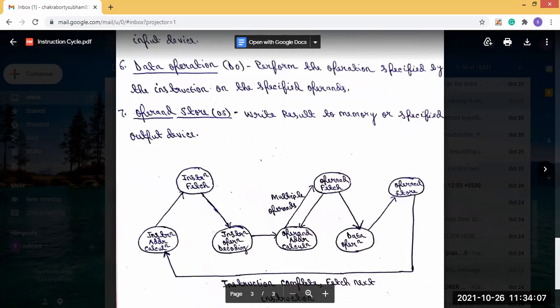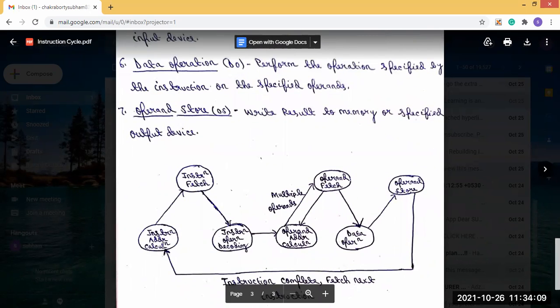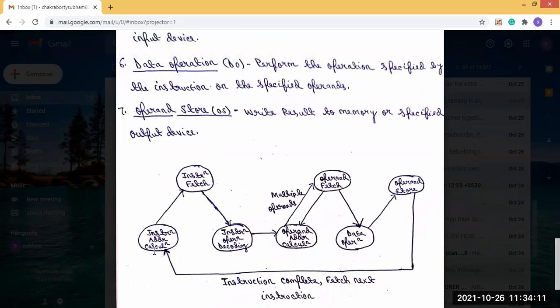And the diagram is what? This is the diagram. First the instruction address should be calculated. Then, knowing the instruction address, the instruction will be fetched. After the instruction is fetched, it will be decoded.